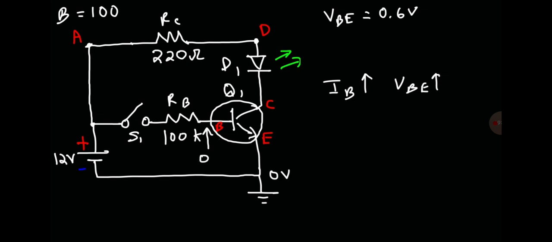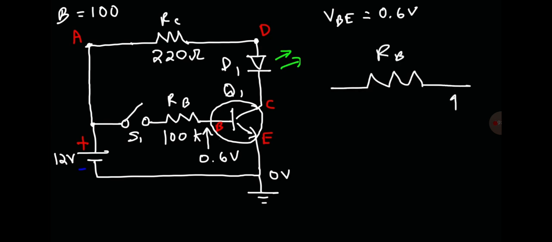So that means the potential at point B is 0.6 volts. Now that we know that, we can calculate the current flowing through RB, which is IB. The potential here is at 0.6 volts, and the potential on the other side of the resistor when S1 is closed, that's going to be the potential at point A, which is 12 volts.